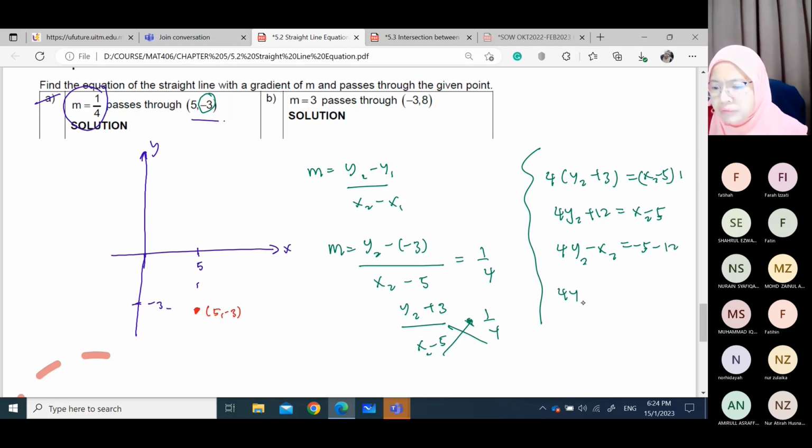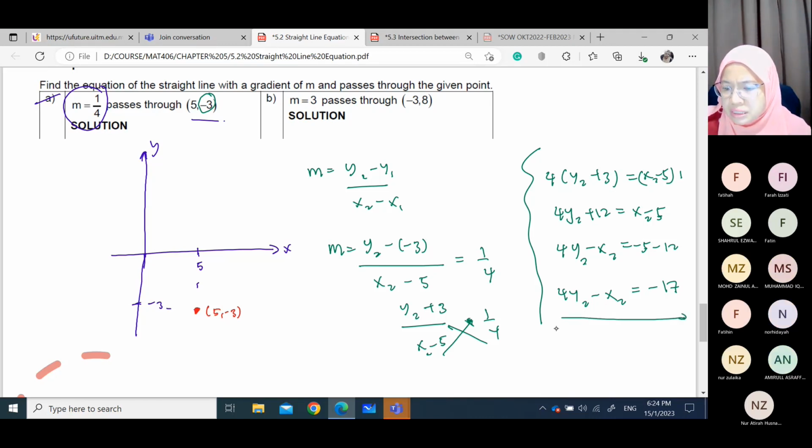So here we have 4y2 minus x2 equivalent with negative 17. Okay, so next. So kat sini kita dapat straight line equation yang inilah, which is this one in general form. Okay, negative x2 plus 4y2 equivalent with negative 17.